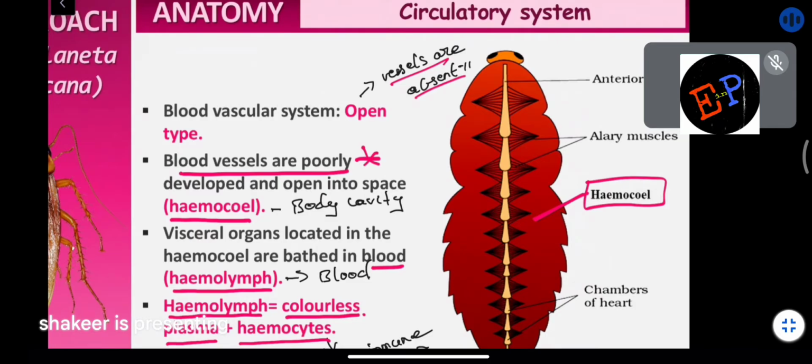These are the cells responsible for protecting the cockroach from external viruses and bacteria, as part of the immune system. So hemocytes are responsible for developing the immune system of the cockroach. Understood? That's it.